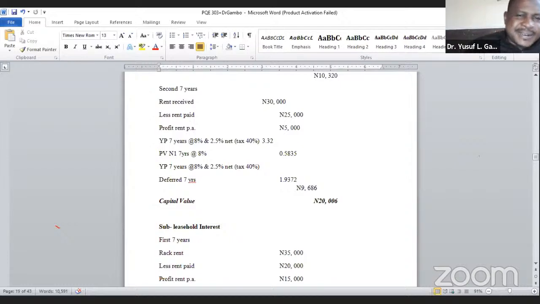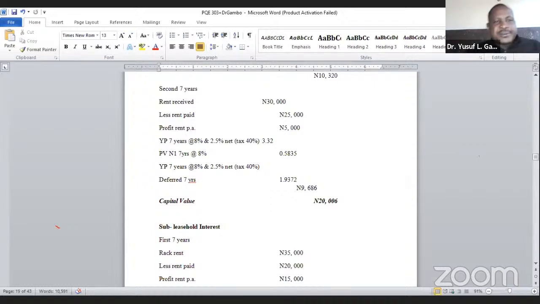So YP, 7 years, at 7%, 2.5% tax at 40. I've given you the formula. You have 3.44. So on that interest, you have 10,320.